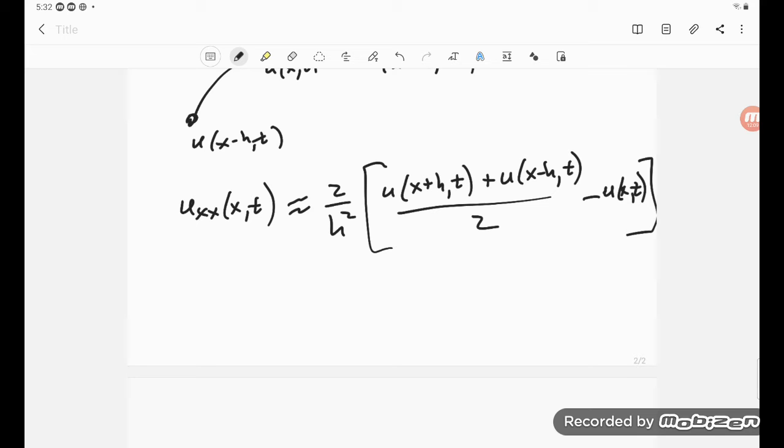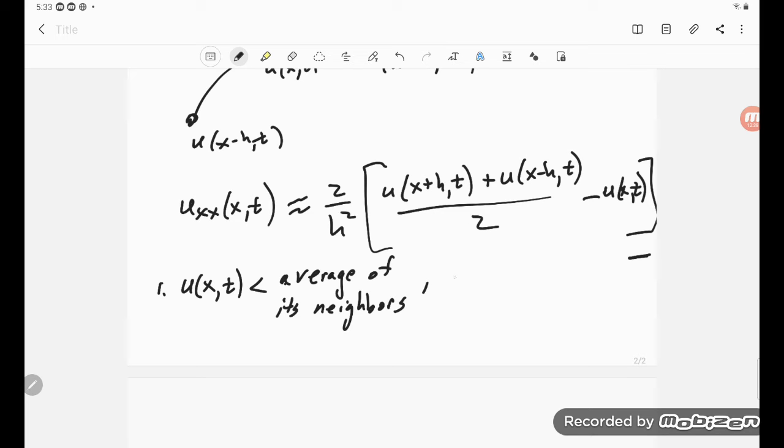And so if we look at it this way, then we can very much see that, one, if u of x and t here, over here on the right, is less than the average of its neighbors, okay, well then uxx of t is greater than 0, right?